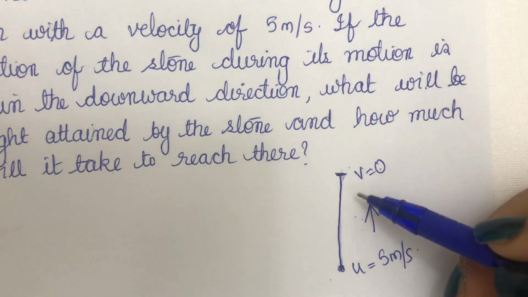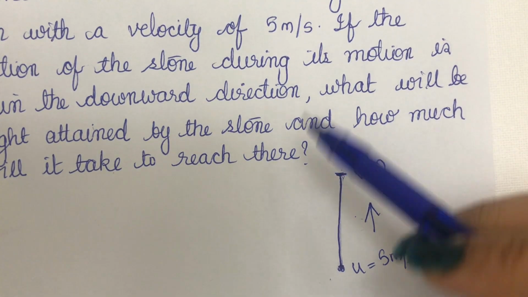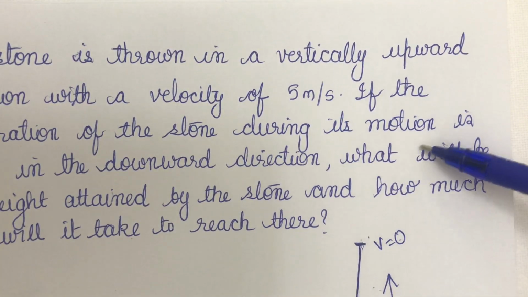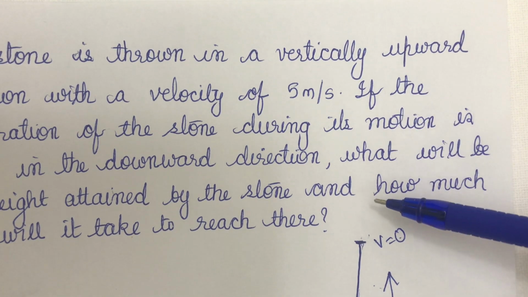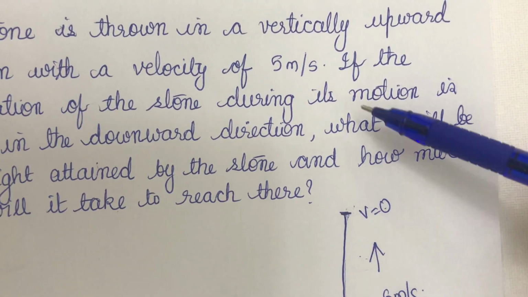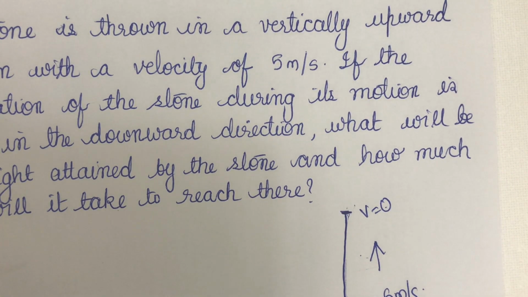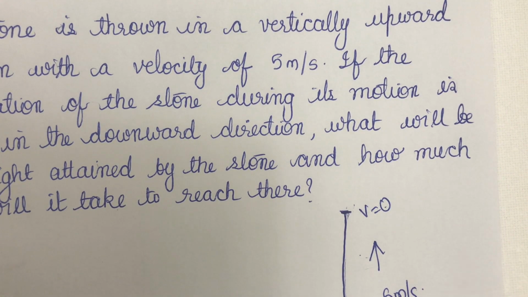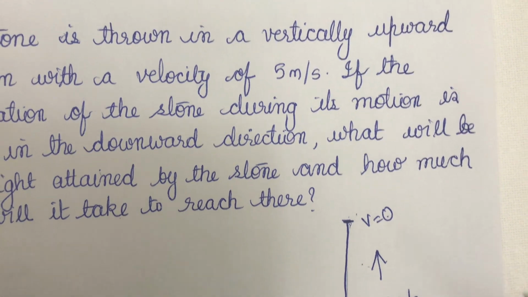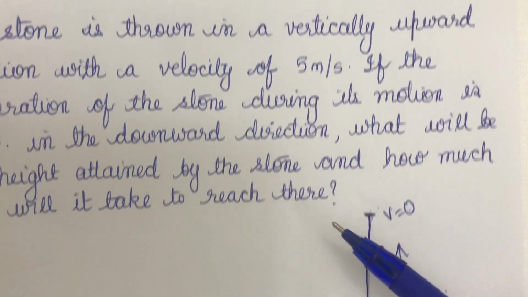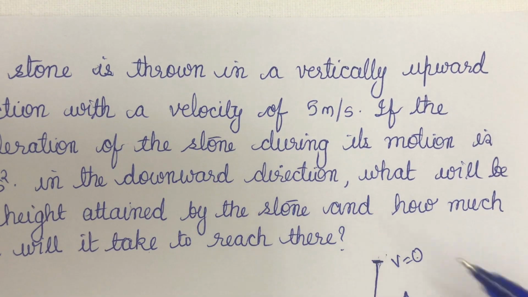And then, if the acceleration of the stone during the motion is 10 meter per second square in the downward direction, what is the acceleration in the downward direction called? Actually, that is the gravitational force, the acceleration due to gravity. So the acceleration due to gravity is 10 meter per second square.